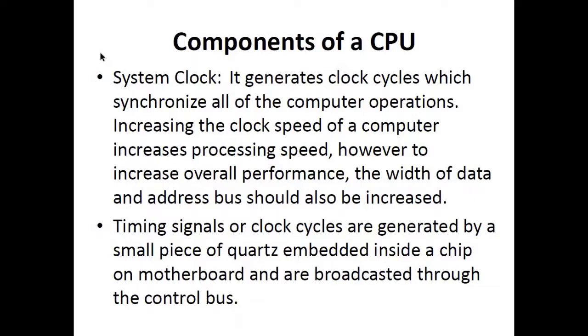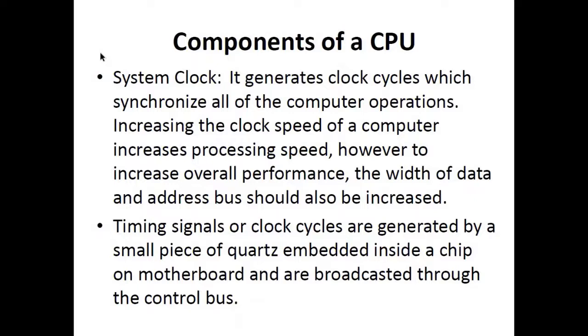Timing signals or clock cycles are generated by a small piece of quartz embedded inside a chip on the motherboard and are broadcast through the control bus. Inside the computer on the motherboard there is a special chip which contains a quartz crystal.